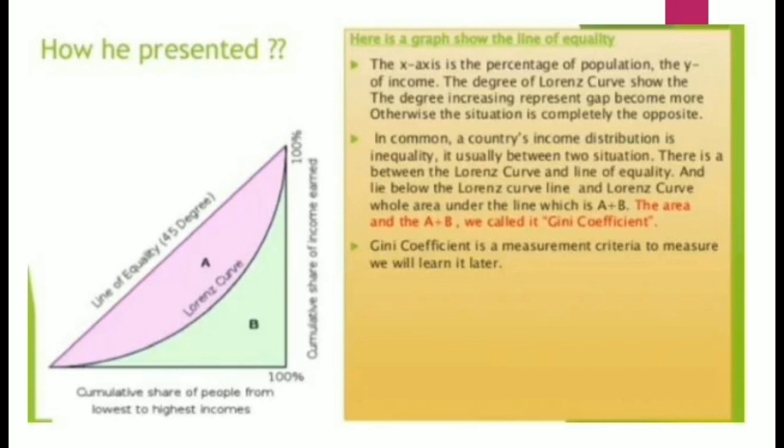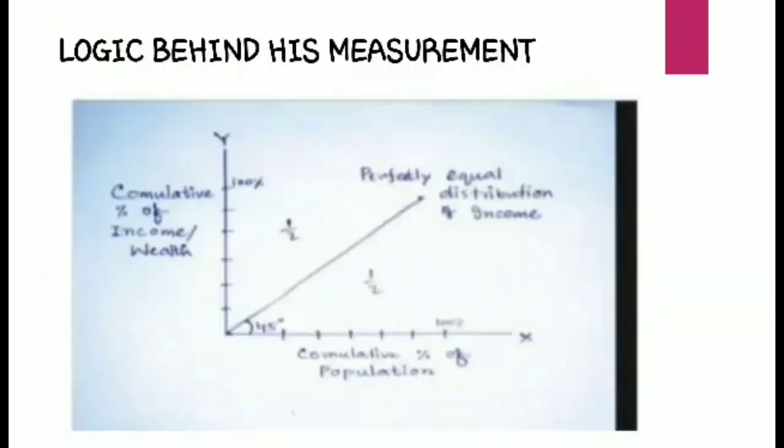What is the Gini coefficient? The Gini coefficient is a measurement criterion. We will learn it later. So this graph is the logic behind the measurement. You can see the x and y axes. There is the cumulative percent of income or wealth on the y-axis, and on the x-axis is the cumulative population.